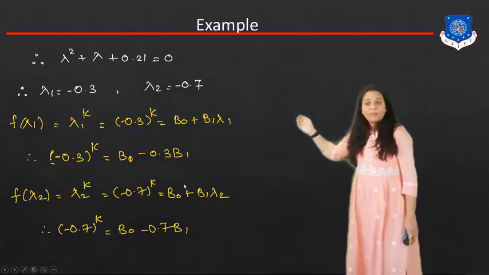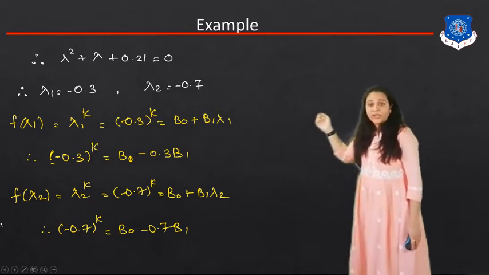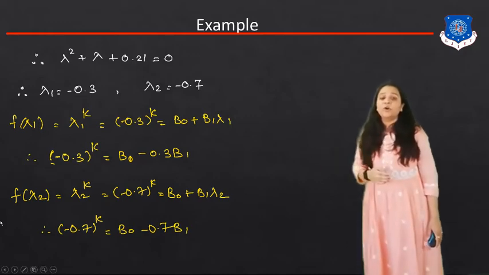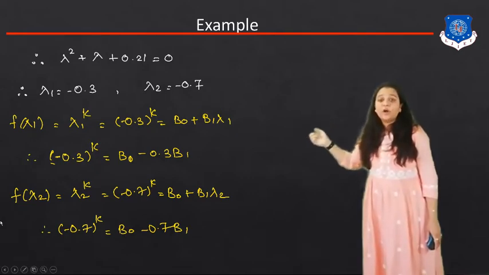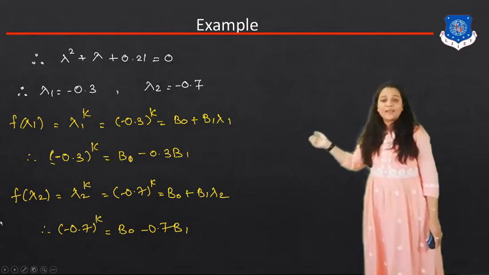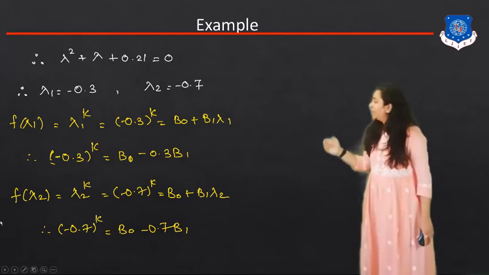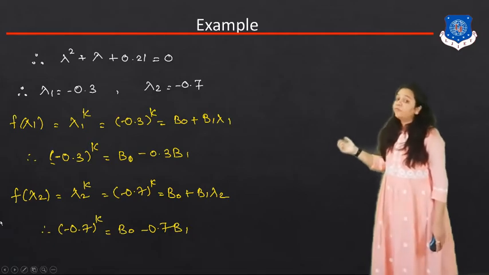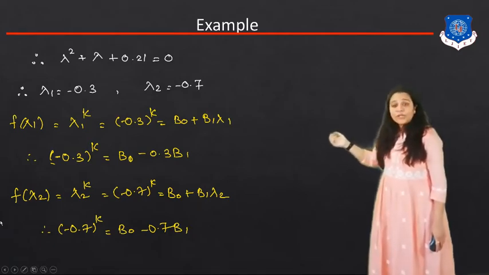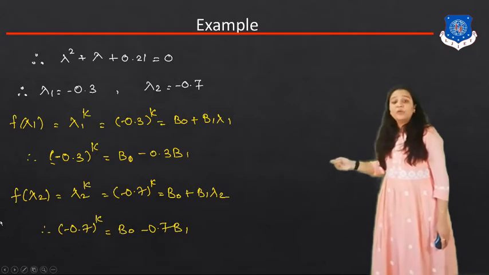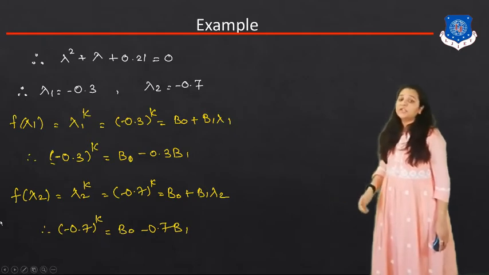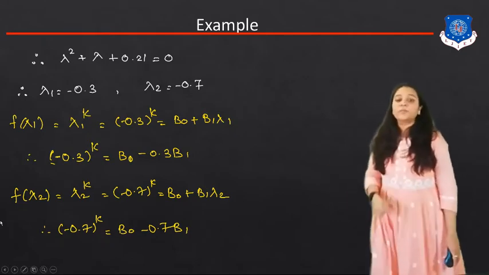The value of lambda 1 is minus 0.3, so minus 0.3 raised to k is equal to b0 plus b1 lambda 1, that is, b0 minus 0.3 b1. In the same way, we put the value of lambda 2 in the function of lambda 2: lambda 2 raised to k, that is minus 0.7 raised to k, is equal to b0 plus b1 lambda 2, so minus 0.7 raised to k is equal to b0 minus 0.7 b1.